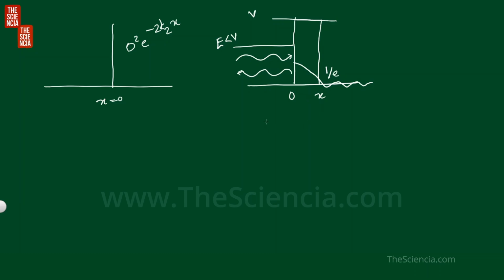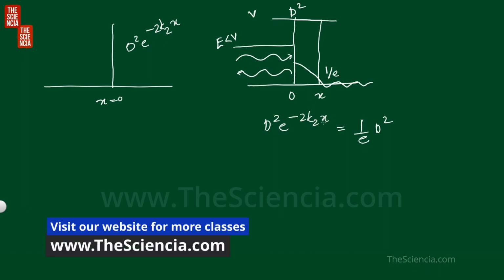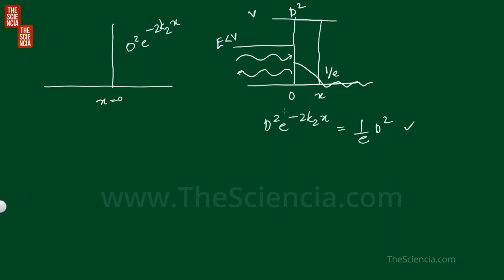How? We know D squared e raised to minus 2k2x will be equal to 1 by e times D squared, where D squared is the amplitude of the wave when x equals 0. This is the amplitude of the wave, and we have to know the width of this potential barrier when the amplitude becomes 1 by e times, and we can extract that information from this equation. So we can cancel D squared and D squared. e raised to minus 2k2x is equal to e raised to minus 1.